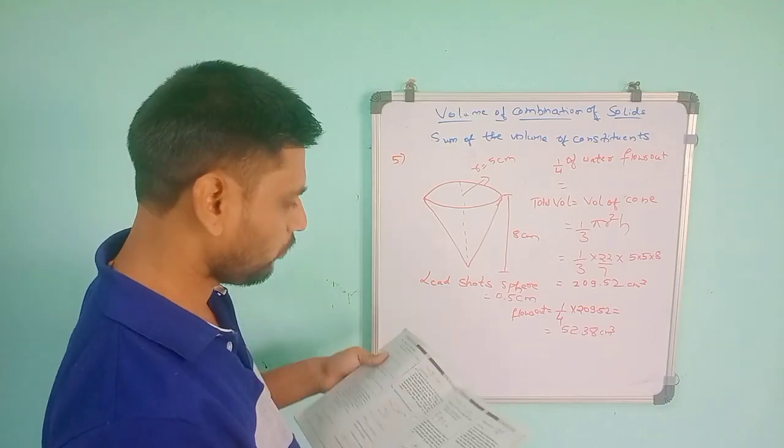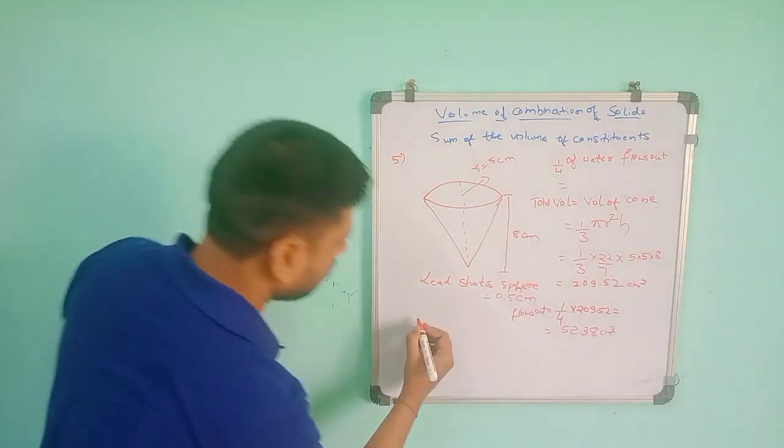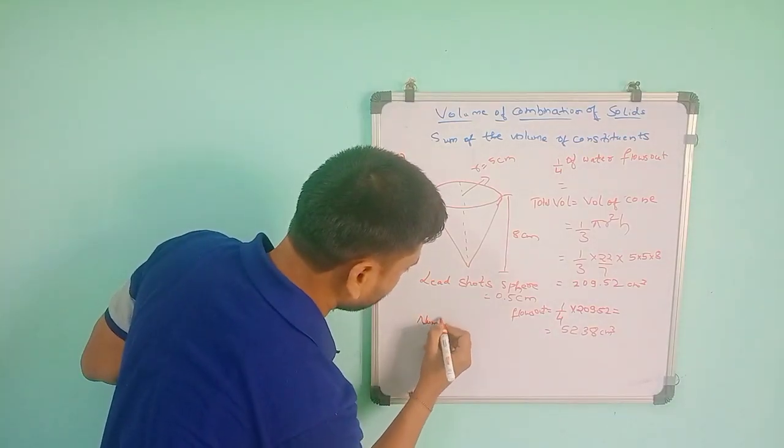Then they told you to find the number of lead shots. So the number of lead shots is given by the total volume that flows out divided by the volume of one lead shot.